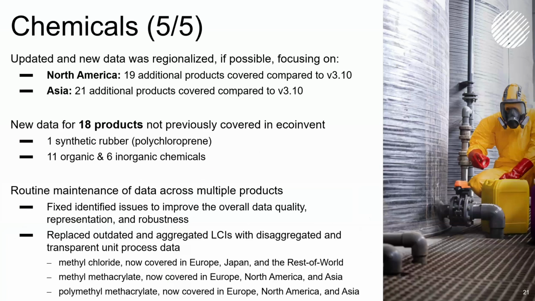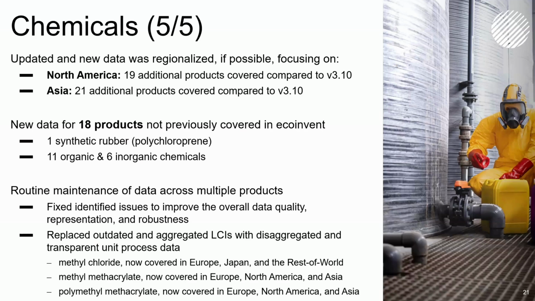The last updates I would like to mention for the chemicals concern data expansion efforts, which cover new chemicals as well as new locations for some existing chemicals. We plan to continue such efforts for future database releases. For example, the number of chemical or plastic products covered in North America and Asia each increased by approximately 20 substances compared to version 3.10.